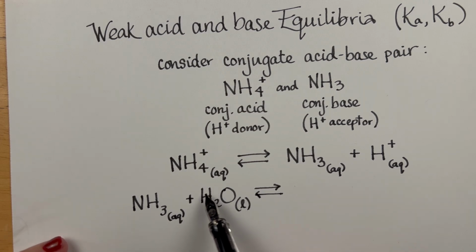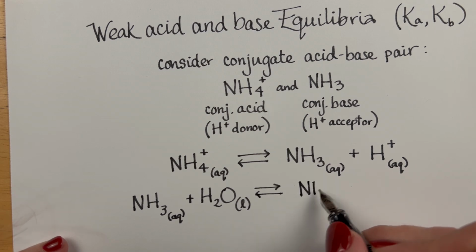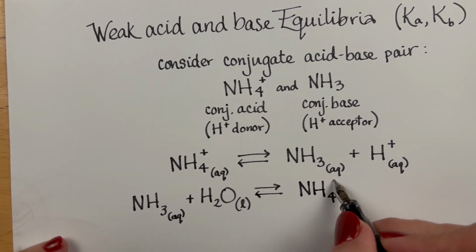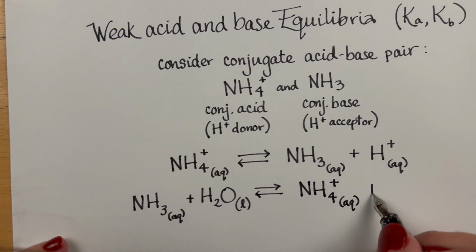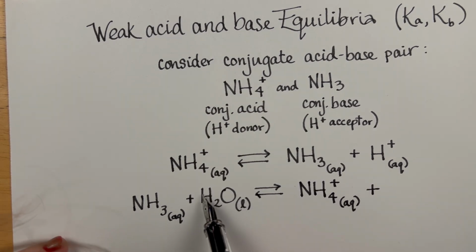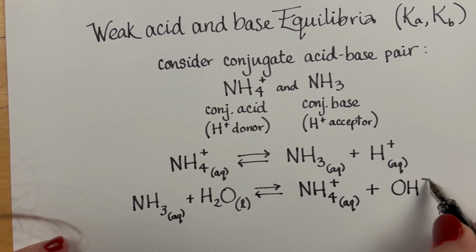Ammonium is formed when that happens. And since one of the hydrogen ions came from the water molecule, that leaves behind a hydroxide ion.